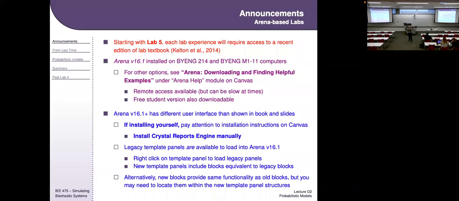It'll have all of the old panels that look just like the ones in the book. All the same functionality as the new panels, but the blocks are in slightly different locations. They apparently focus grouped it and figured out that the new panels are easier for people to find the blocks in than the old panels.